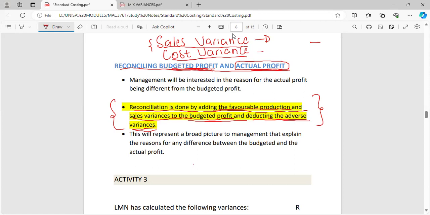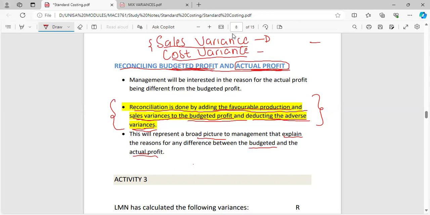So this will now be representing a broad picture to management that explains the reason for any difference between the budgeted and the actual profit. Management can now be able to see why there is a difference between the budgeted and the actual profit, which means they will look at these variances, the sales variance and the cost variances.